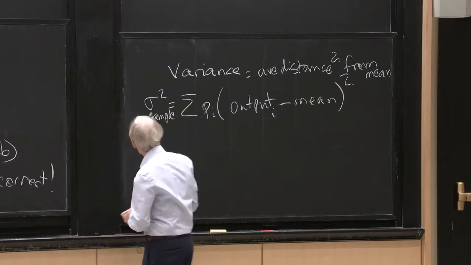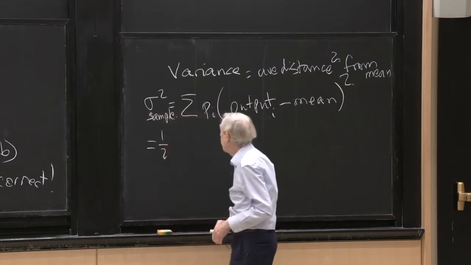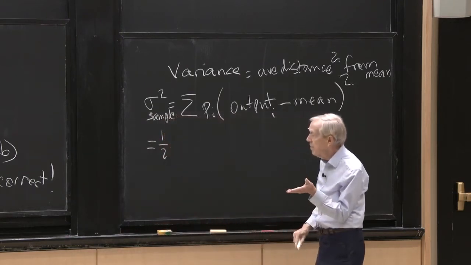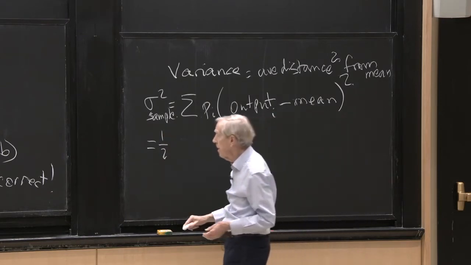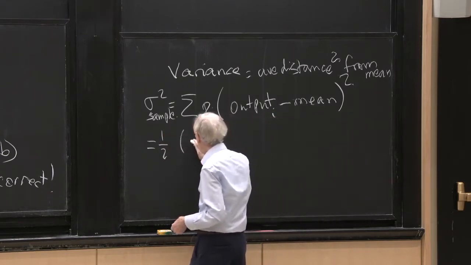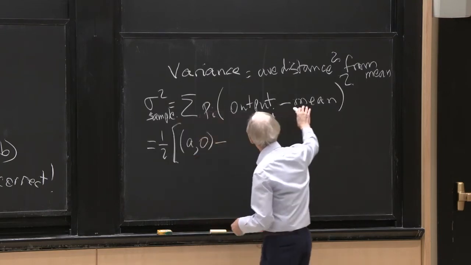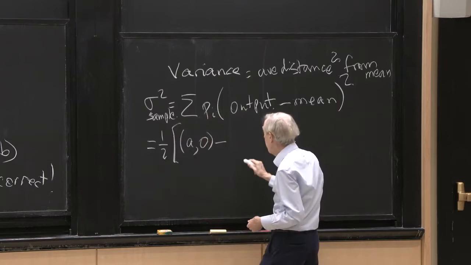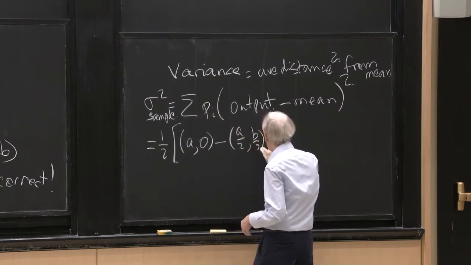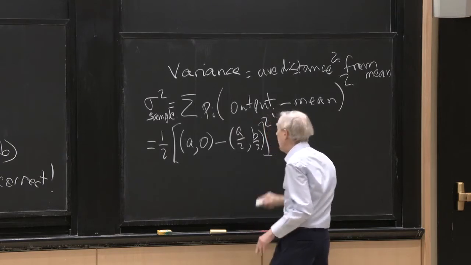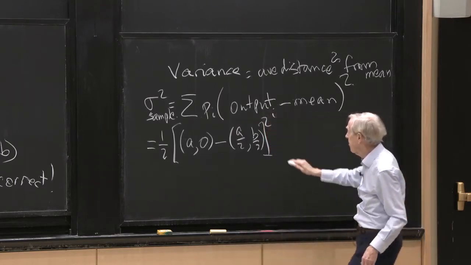And the probabilities were 1/2. So I have 1/2 times the probability times the output. Let's say the output is A0 minus the mean, which was A over 2, B over 2. And I want to square that. So that was one possibility when I picked A0.